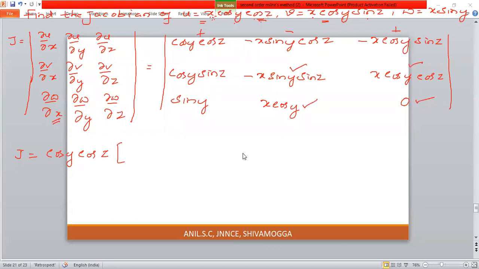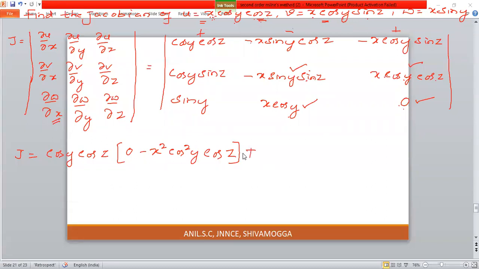Left top to right bottom, 0 into anything is 0, minus x cos y into x cos y cos z is x square cos square y cos z. Zero into anything is 0, minus x cos y cos z into x cos y is x square cos square y cos z.